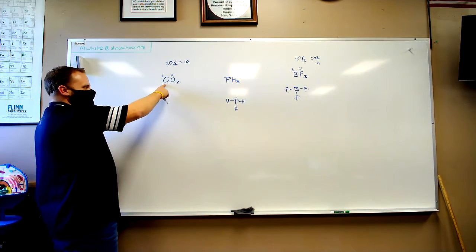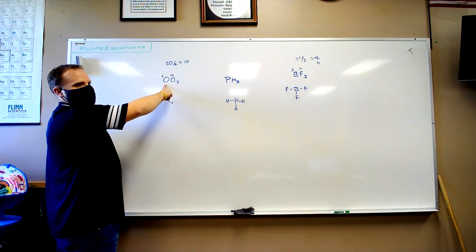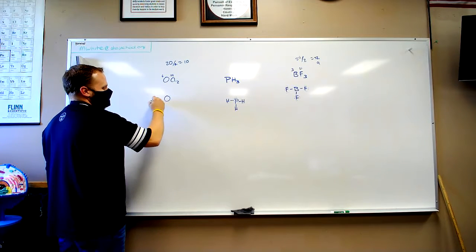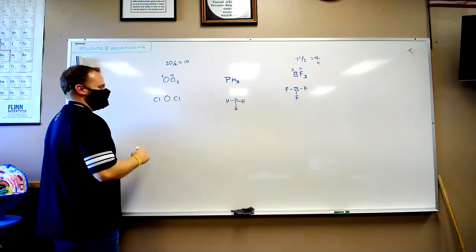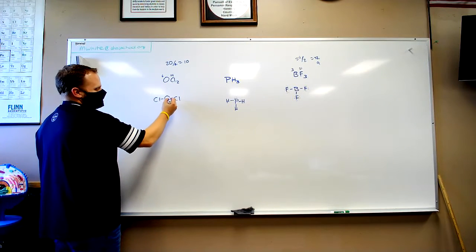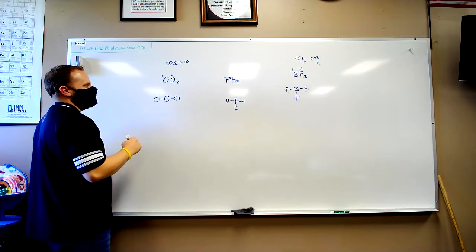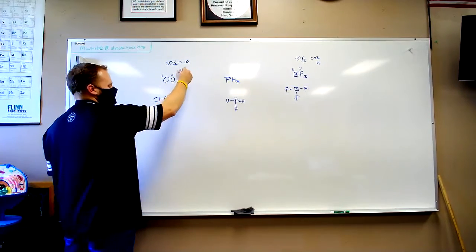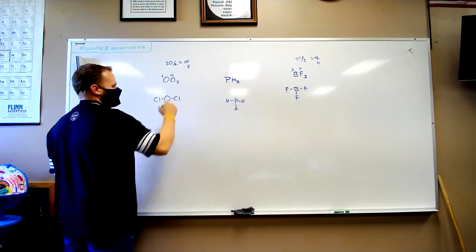Once again, we only have 1 oxygen, so a good starting point is put that in the middle, see if you can make it work. Now, if we put 2 bonds right there, that takes up 2, we have 8 left.